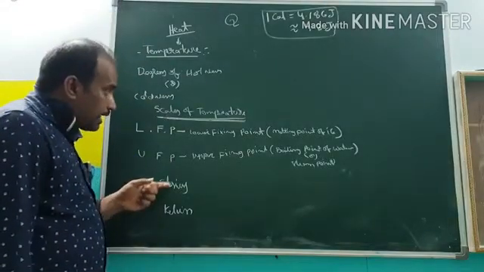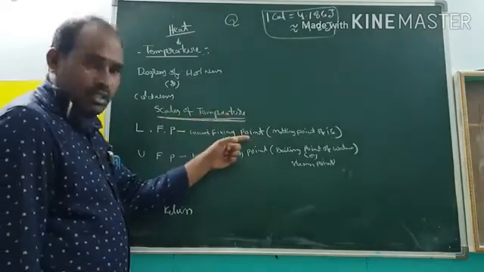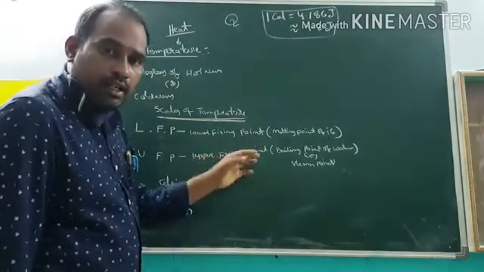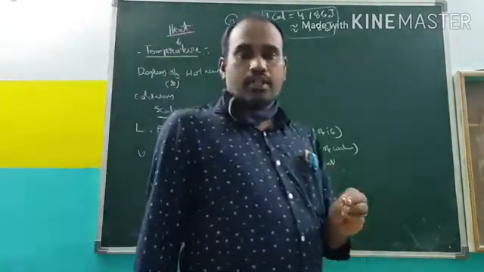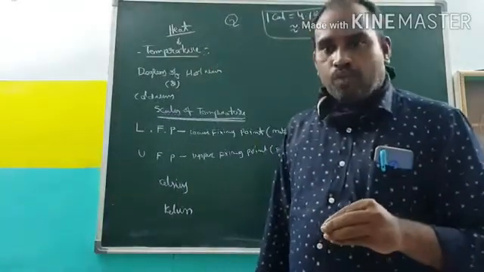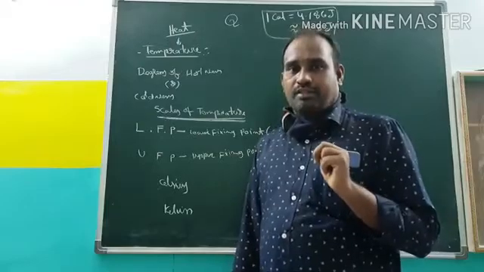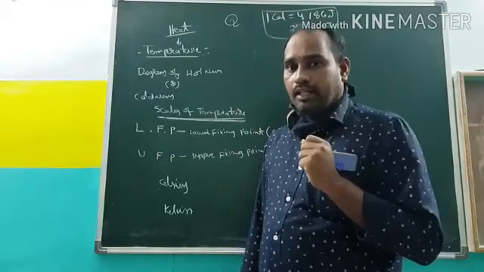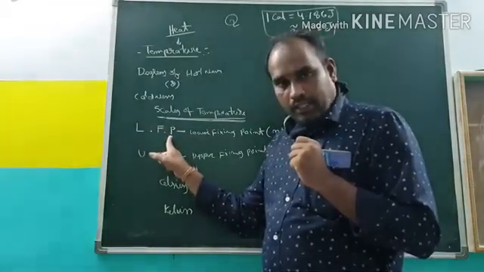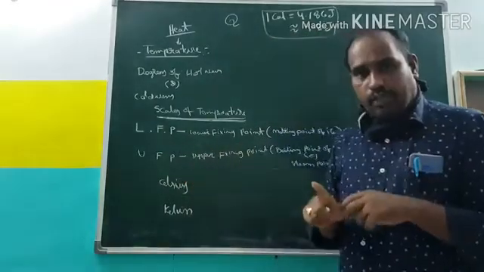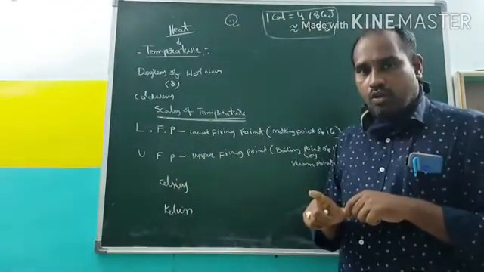So before learning these scales of temperature, for the construction of scales of temperature, we must know about 2 different values. What are they? Lower fixing point, upper fixing point. Okay.